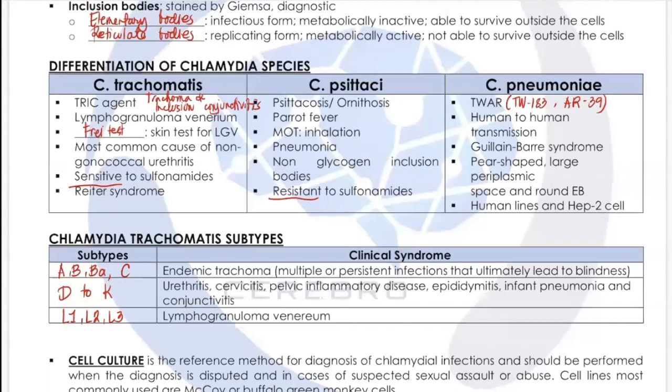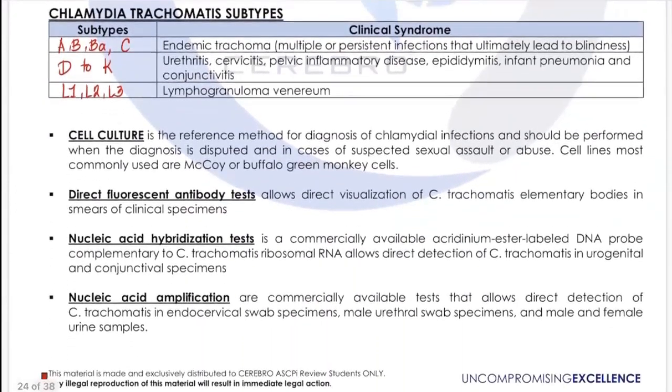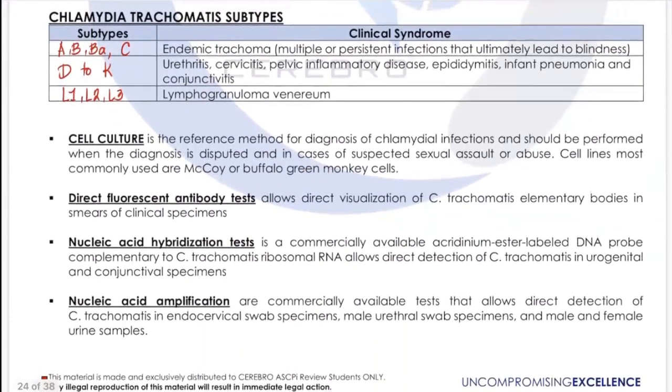EB. Okay, and in order for us to grow this organism, kailangan natin ng cell lines din because again, it is an obligate intracellular organism. So take note that the gold standard for chlamydia is cell culture.